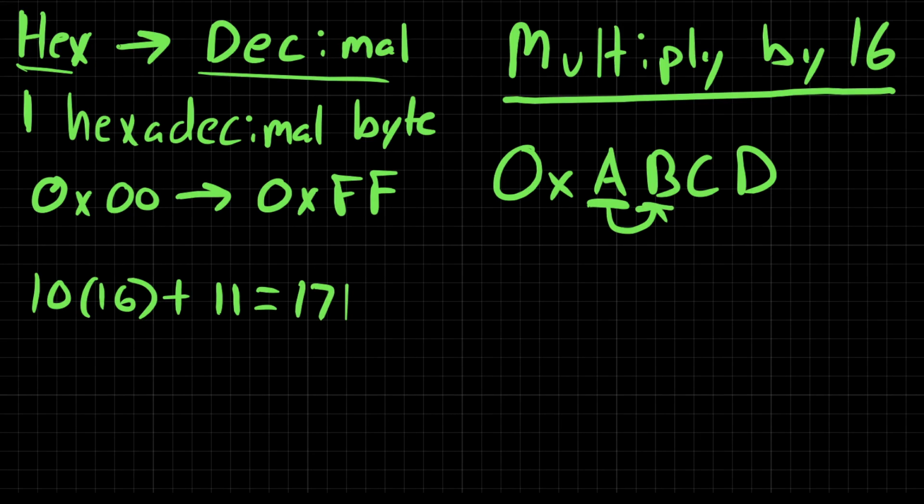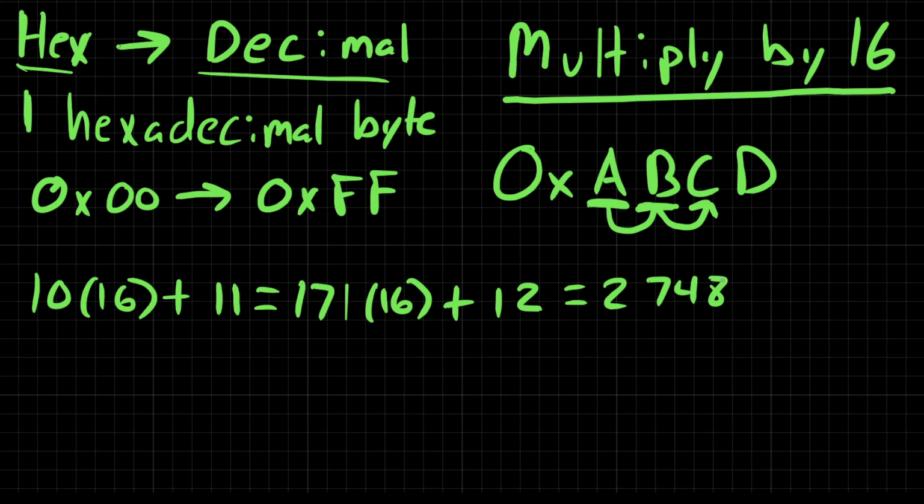So now we're sitting here at the B place, and we're going to multiply 171 by 16 again and add the next place. That is going to be C, which is 12. If we do this, the next value that we get is 2,748. Now we're going to take this over here.